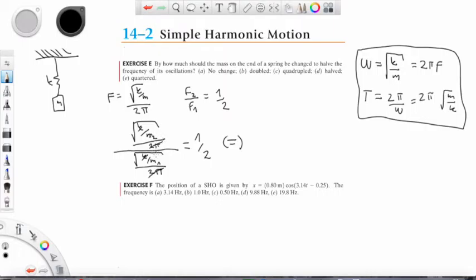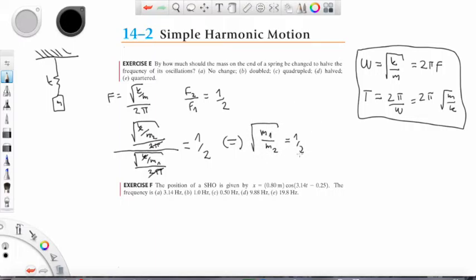We are only left with, within a square root expression, m1 over m2. So this needs to be half.